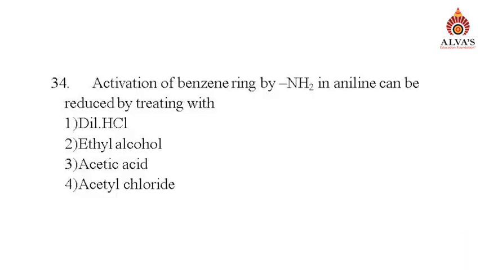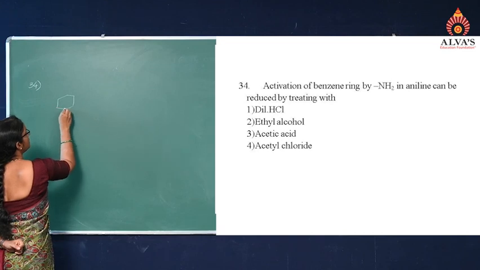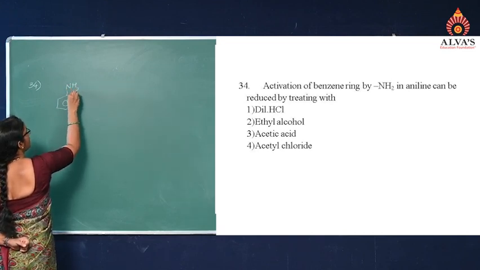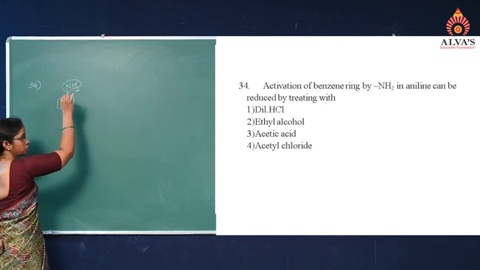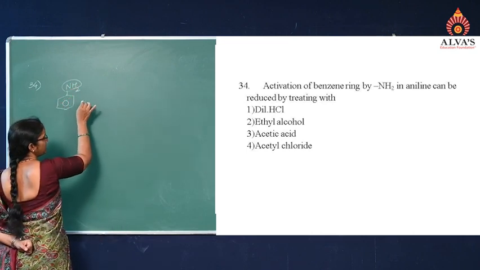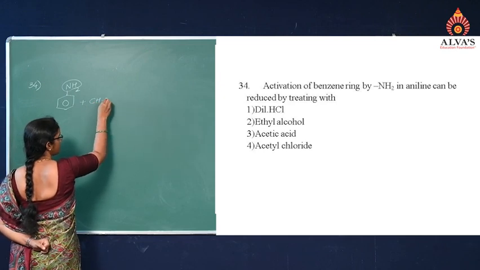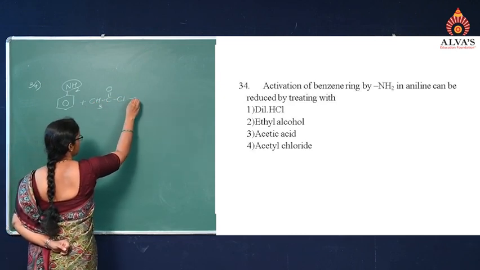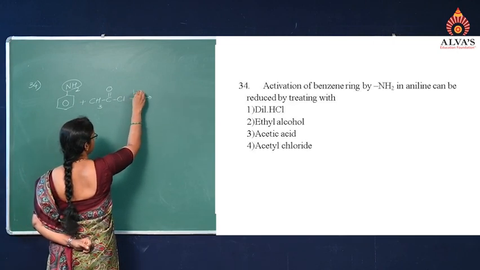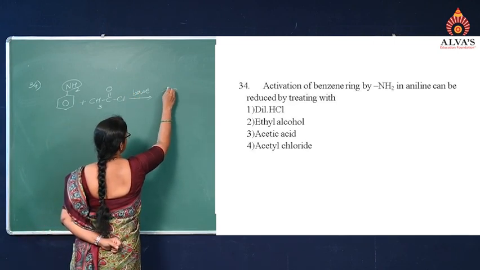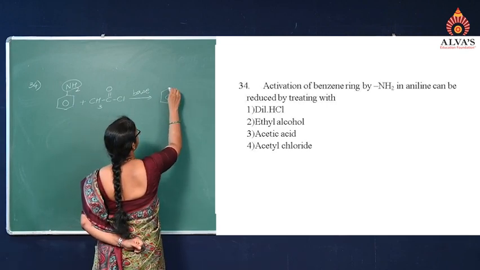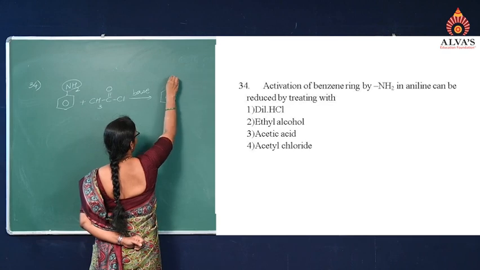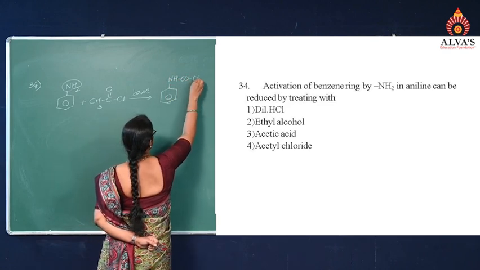Question number 34. Activation of benzene ring by NH2 group in aniline can be reduced by treating with. Now, activation of NH2 group can be reduced by locking the NH2 group by carrying out acetylation reaction, and for acetylation reaction we usually make it react with acetyl chloride in presence of usually an organic base, which blocks the NH2 group in the form of NHCOCH3, that is acetanilide.